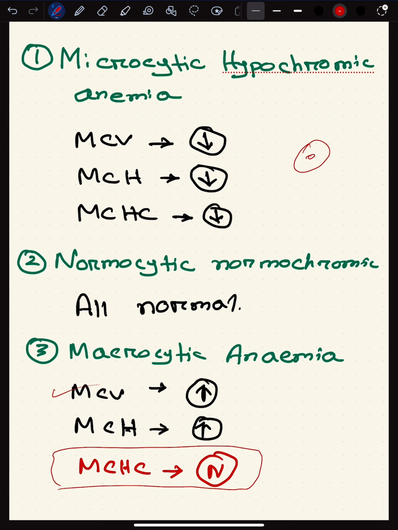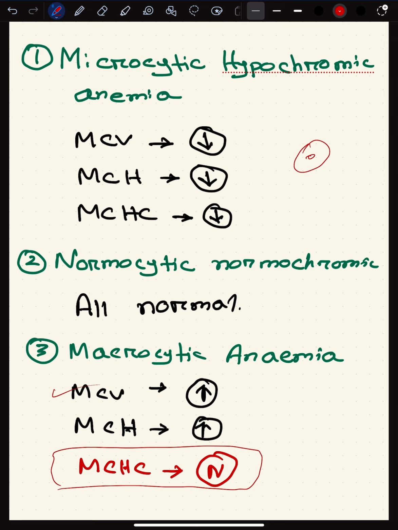So what is the important thing for knowing this? One of the most important, frequently coming topics in your UKMLA exam is iron deficiency anemia and megaloblastic anemia. Megaloblastic anemia is due to folic acid deficiency or vitamin B12 deficiency.